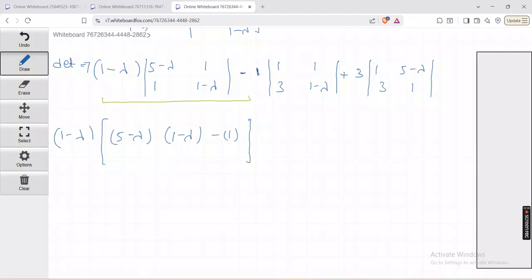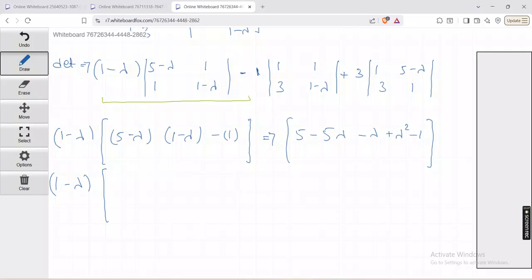This will become 5 minus 5 lambda minus lambda plus lambda square minus 1. Again we write this here, and only inside the brackets we multiply and simplify.